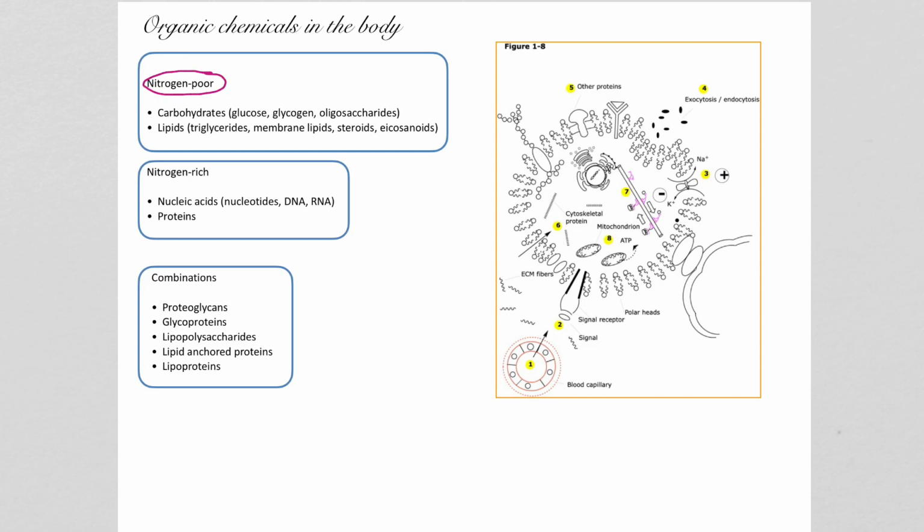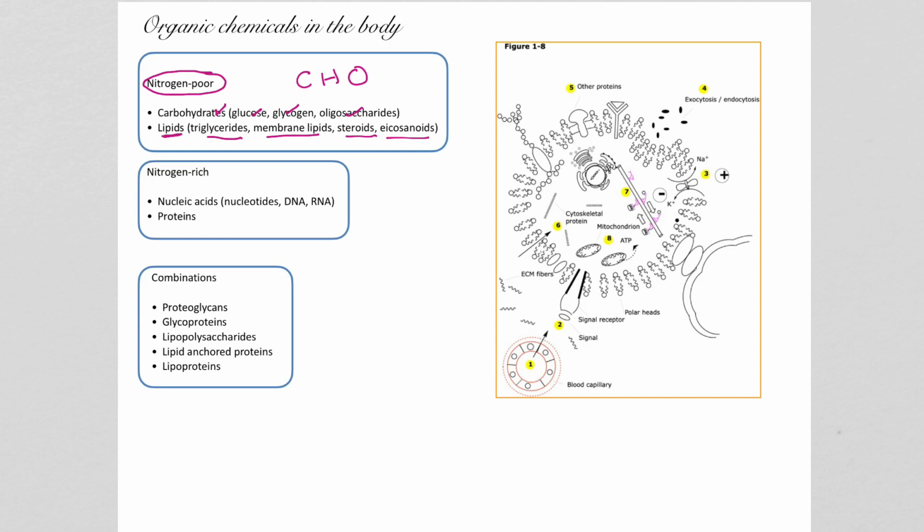These include the carbohydrates, such as glucose, glycogen, and oligosaccharides. And then we have the lipids, the triglycerides, and of course the fatty acids, the membrane lipids, steroids, eicosanoids, and so on. So these chemicals are basically rich in carbon, hydrogen, and oxygen, nitrogen poor.